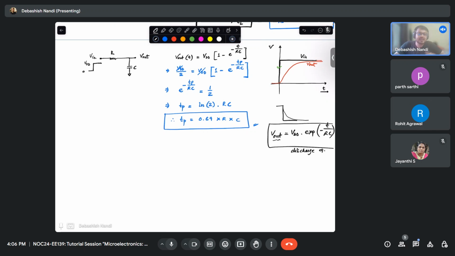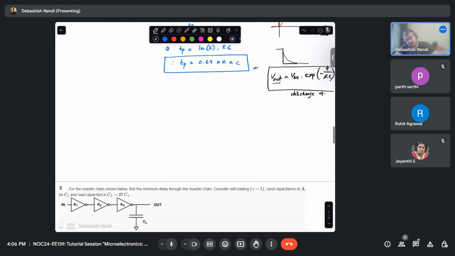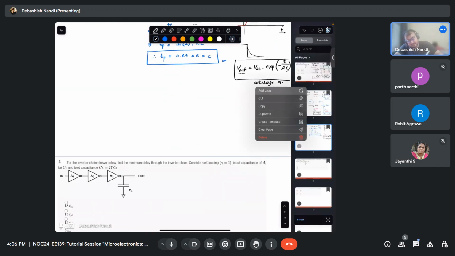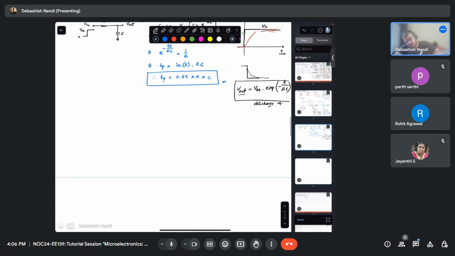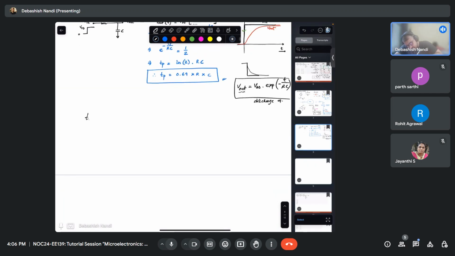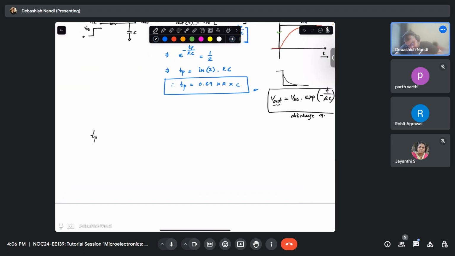So charging and discharging are like this. So now what do you get? You get your TP LH is equal to 0.69 times R on of P times CL, and TP HL is 0.69 times R on of N times CL.